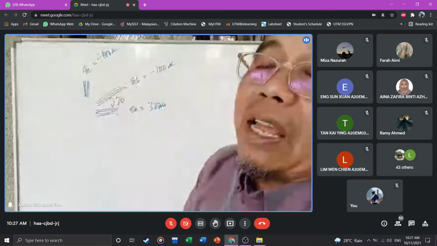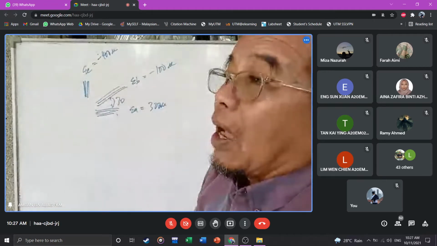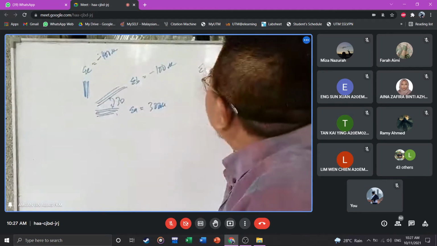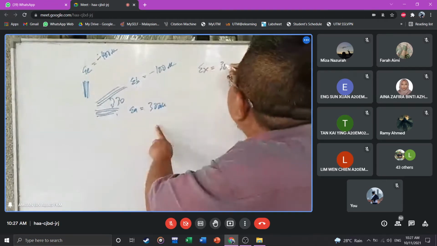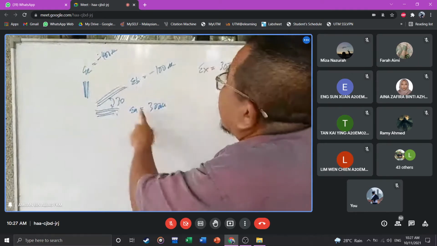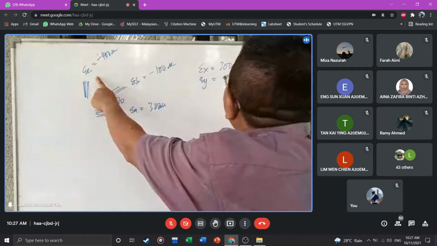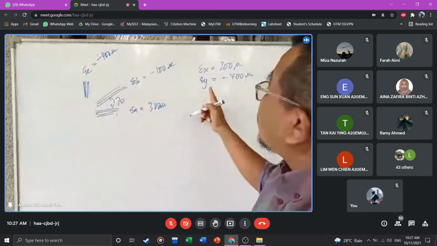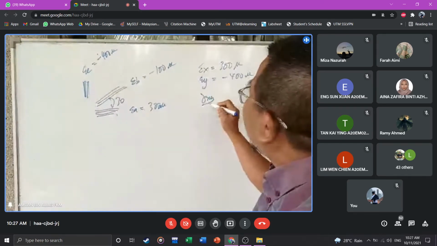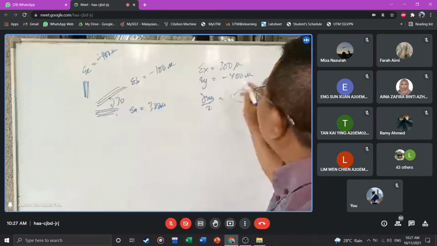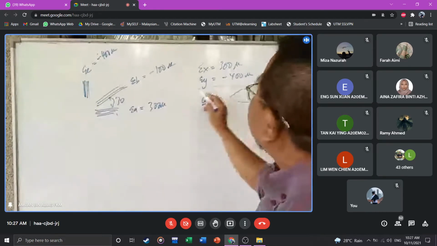I know my EX is 300 microstrain. I know my EY is minus 400 microstrain. So I have to find gamma XY over 2. To do an analysis, I have to find this first, correct?